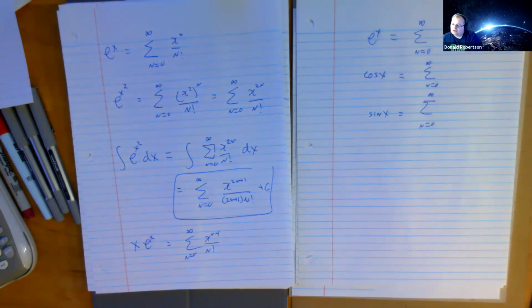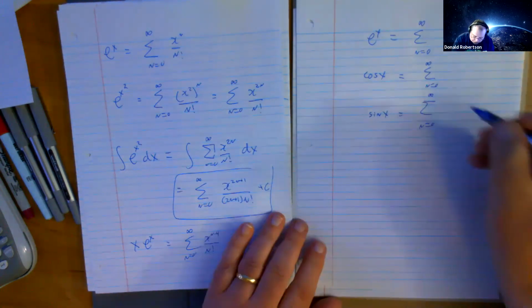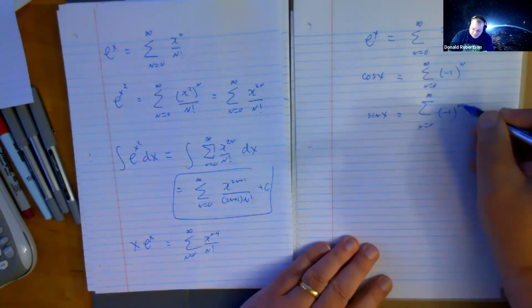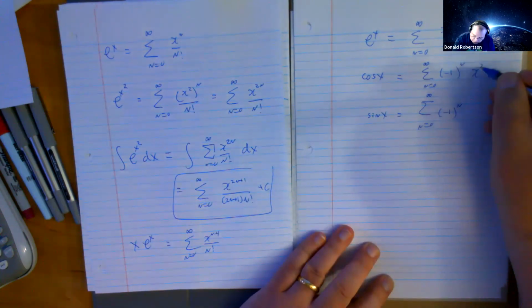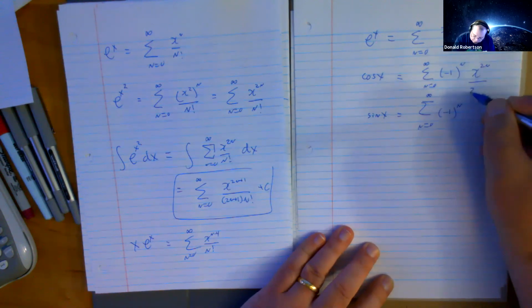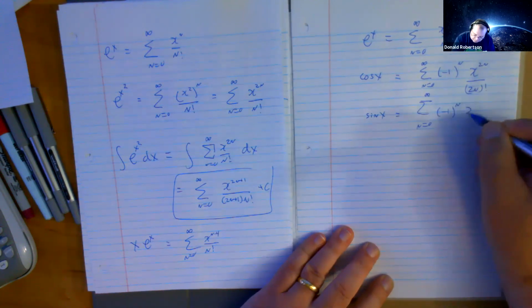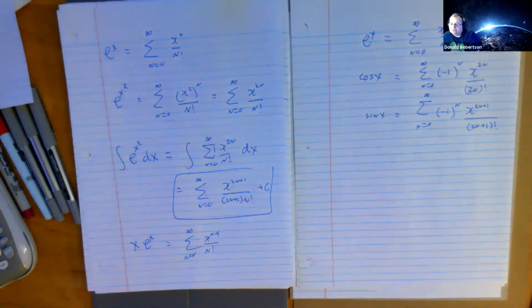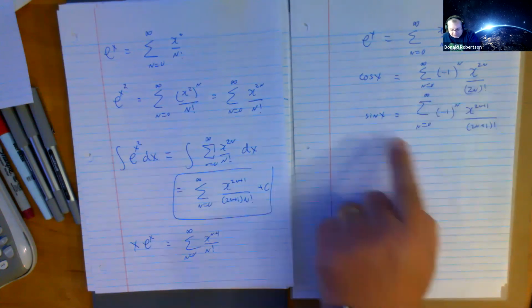Wouldn't you like to see those? There you go. Cosine x is made up of this. Sine x is made up of this.